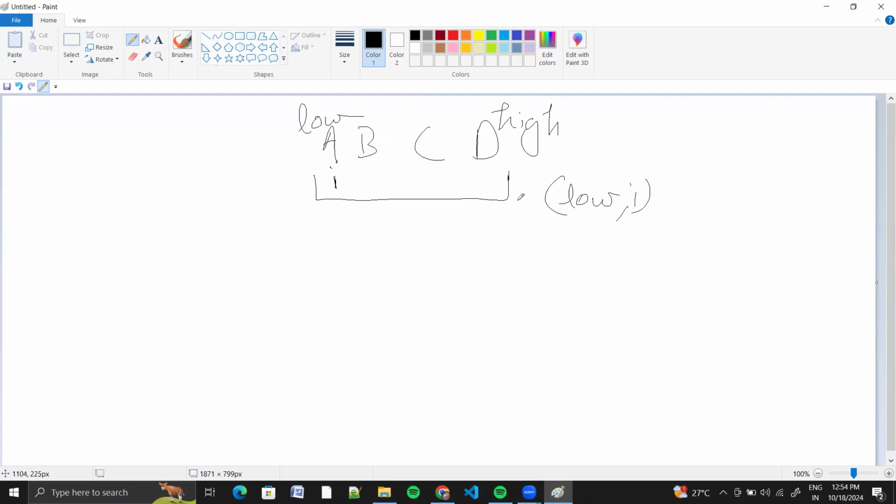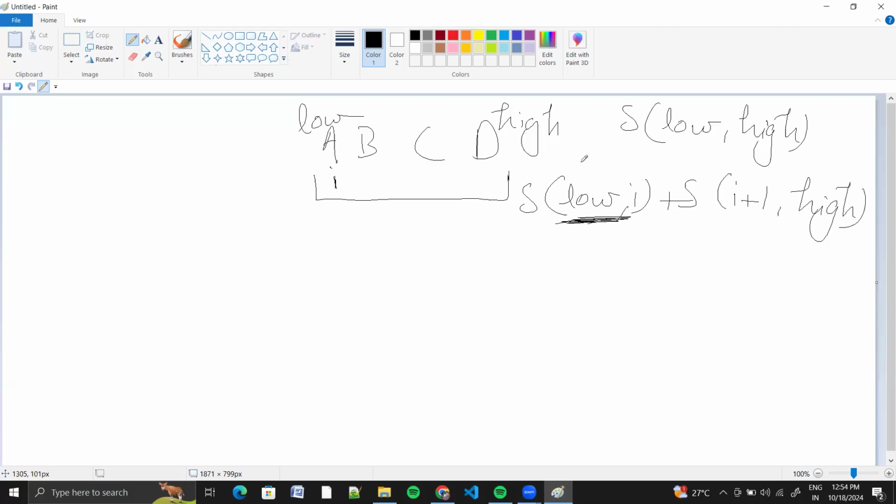Okay, low i will go for low i, and we will also go for i plus 1 and whatever is the high value. Okay, let's say in the solve we have got low and high as the value. So this is what we'll do. And since low and i are same initially, because it starts from a itself, right?